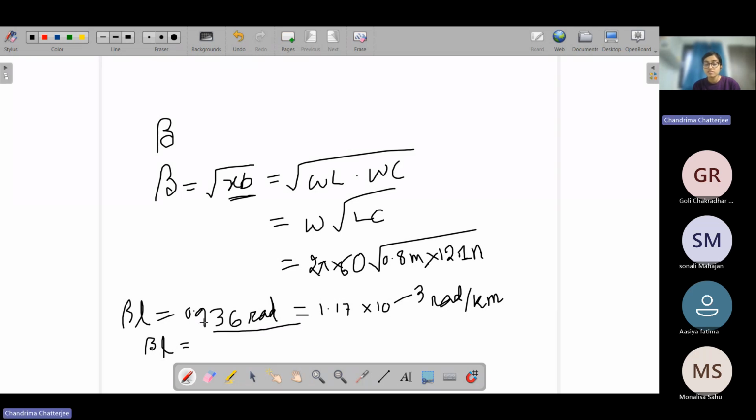What is the value in degree? Beta L? So this value comes out 53.62 degree.